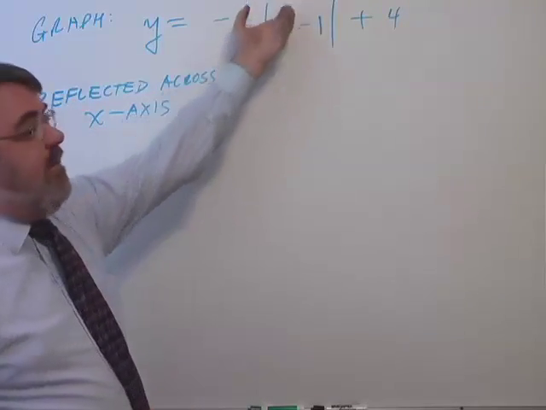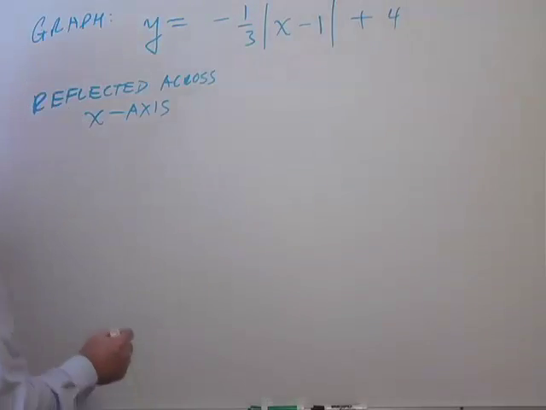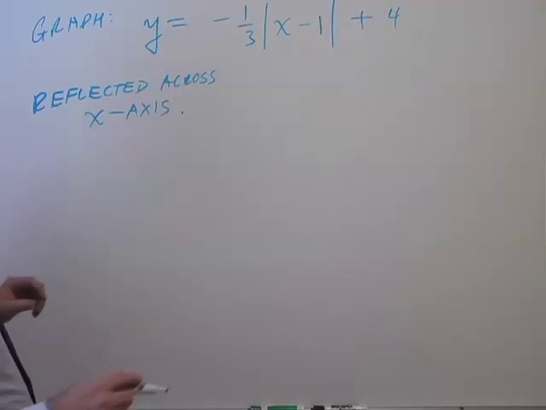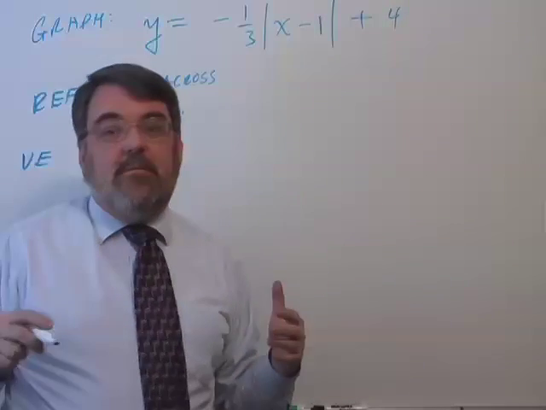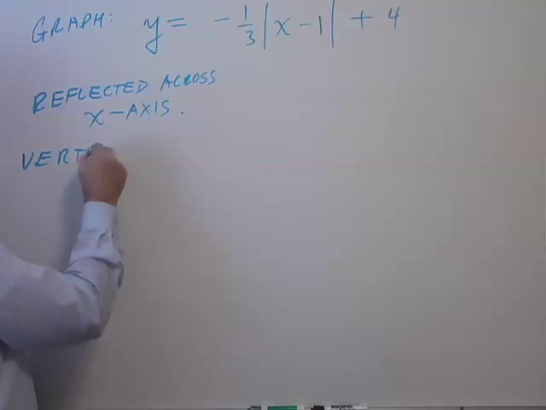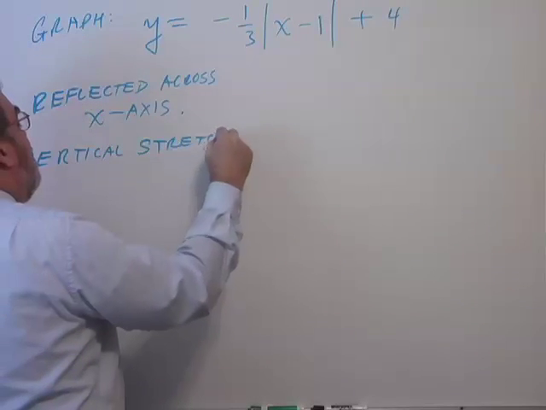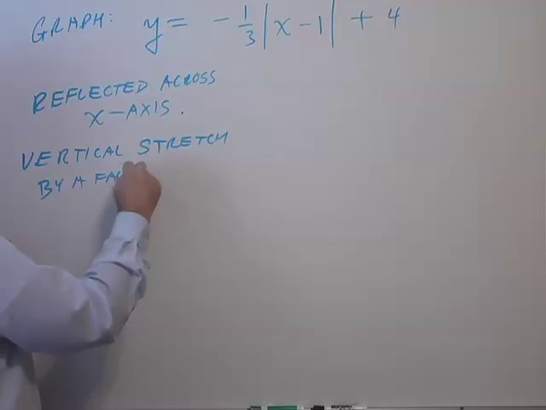So the negative of the absolute value, the negative means the reflection across the x-axis. All right, what about the vertical stretch? What multiplies the absolute value, which was our original function? It's 1/3, so we have a vertical stretch by a factor of 1/3.